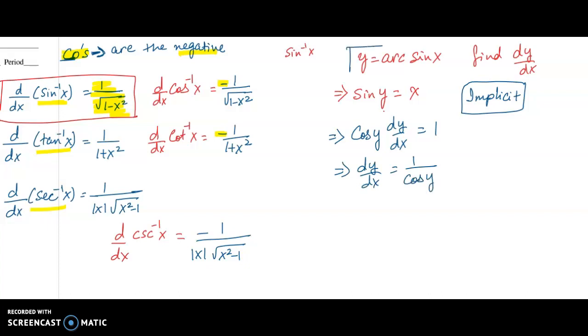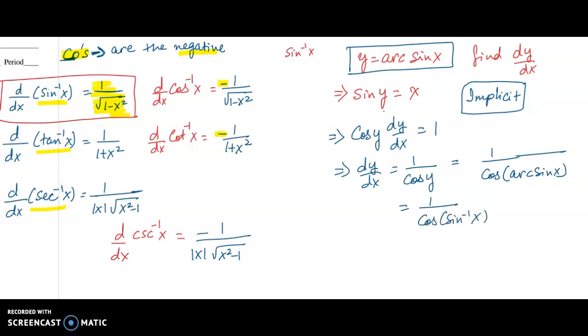Now remember, we started with y. What is y? Y is arc sine x. I can rewrite this as 1 over cos arc sine x. Or in a more simple way, you can say 1 over cos sine inverse x. Both of them are the same thing. Right?